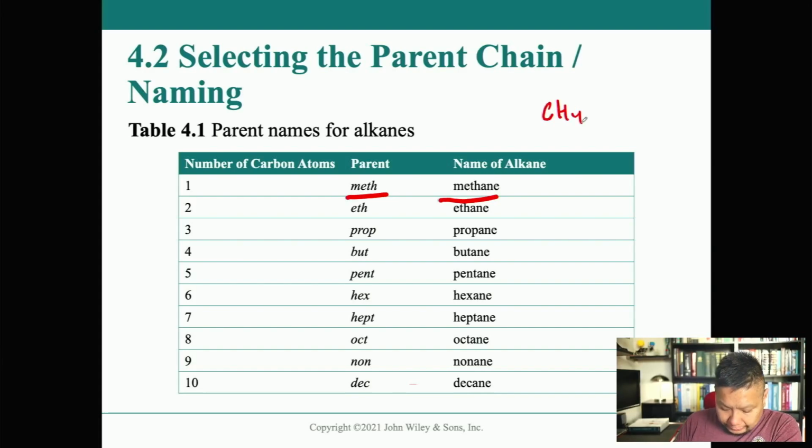Or eth here, which is ethane. That's two carbons, so that's C2H6. I have to think about that for a second. Is that right? Yeah, that's right. Then propyl. Oh, sorry, not propyl, that's something else. I apologize. Oh well, you know what I did there.